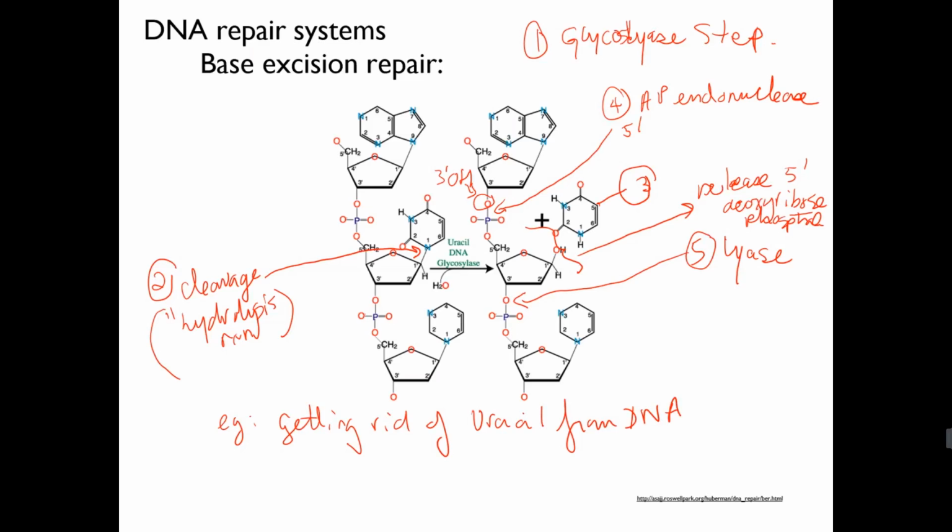And part of the reason that it does so is that there's lots of spontaneous deamination of cytosine, which of course would then be highly mutagenic if the deaminated cytosine was allowed to remain as uracil in DNA.